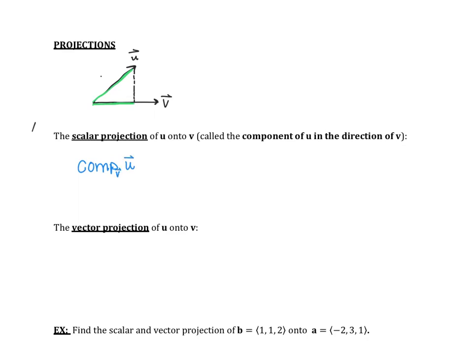So v becomes like a subscript. And the way we do that is we're looking at the magnitude of u, the length of u, and so we get the magnitude of u times the cosine of theta. So this component of u in the direction of v is this distance right here.